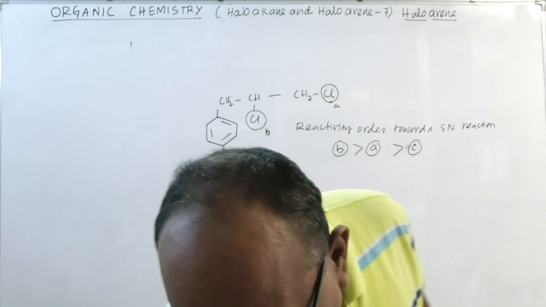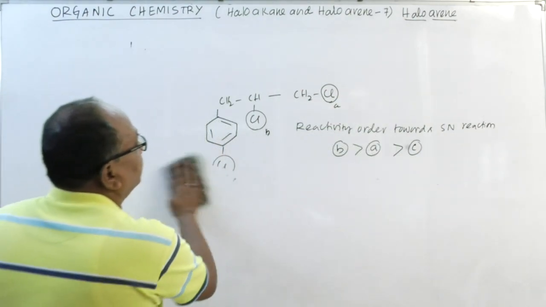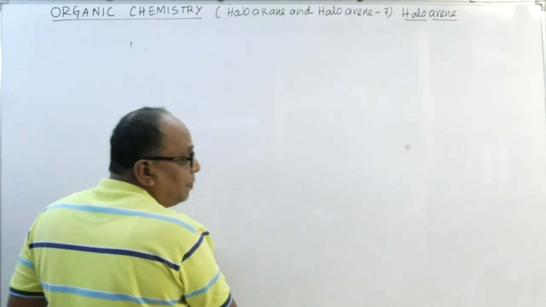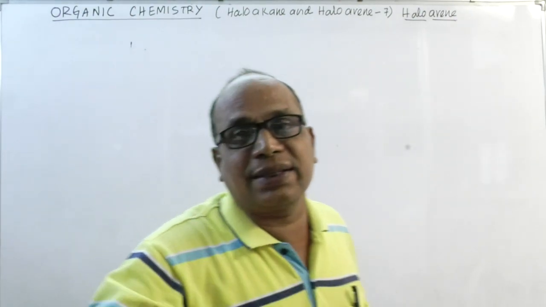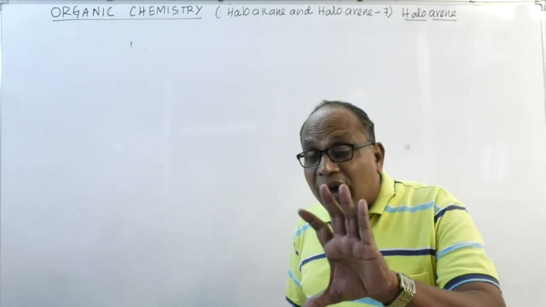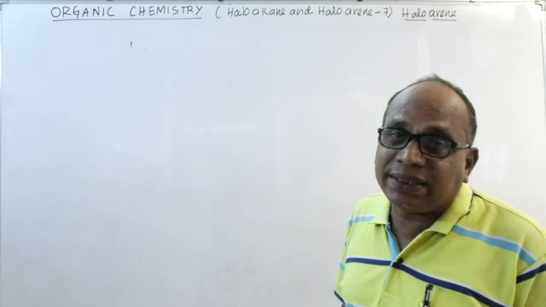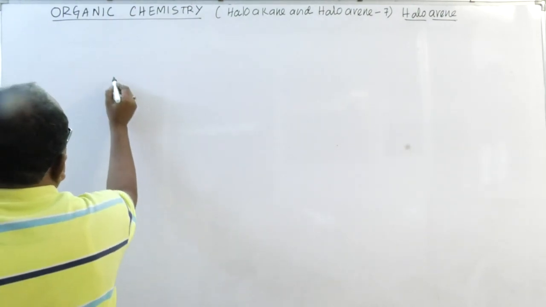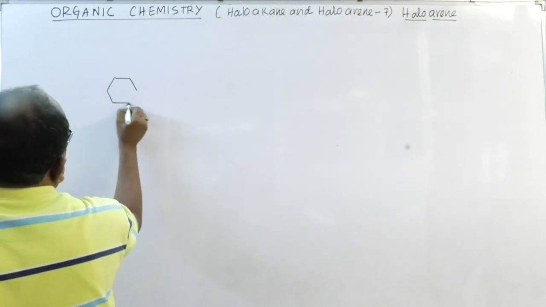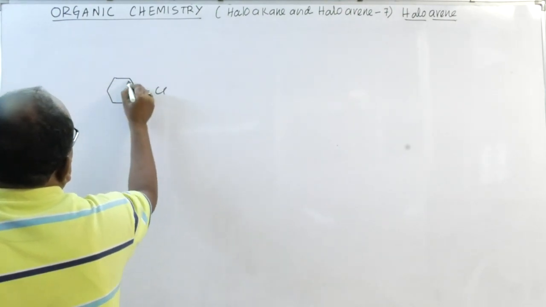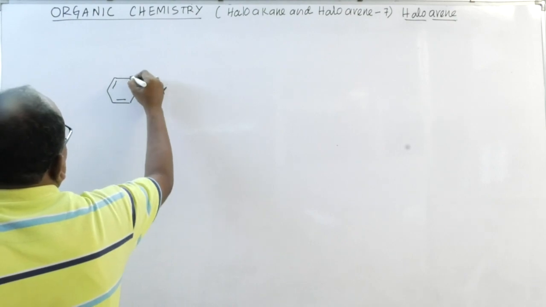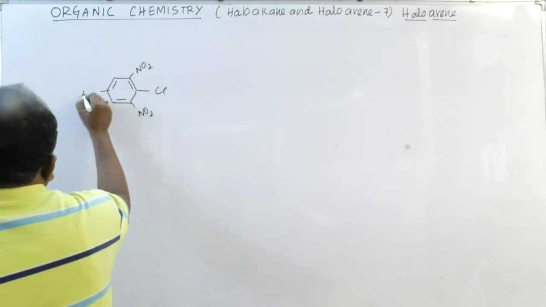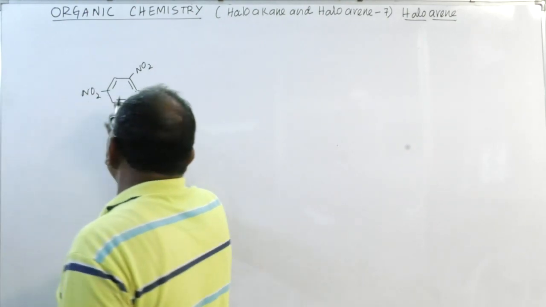Okay students, the reactivity of halobenzene can further be increased if another substituent is present in the benzene ring. For example, suppose this is a compound.